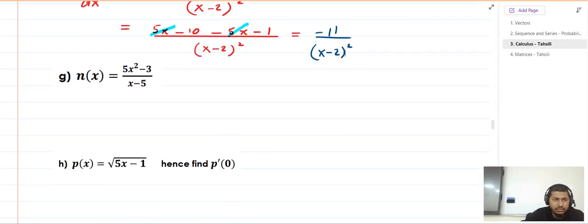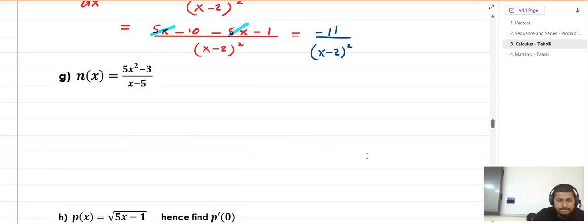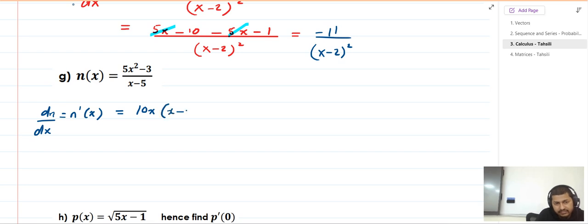Moving on to the next problem, also a quotient rule. So I've got n of x, so I'll find n prime x. Or you can also say this is dn dx, the derivative of the function n with respect to x. So to find the derivative of the top, I've got 10x. The derivative of a constant is 0, leave the bottom, subtract, differentiate the bottom.